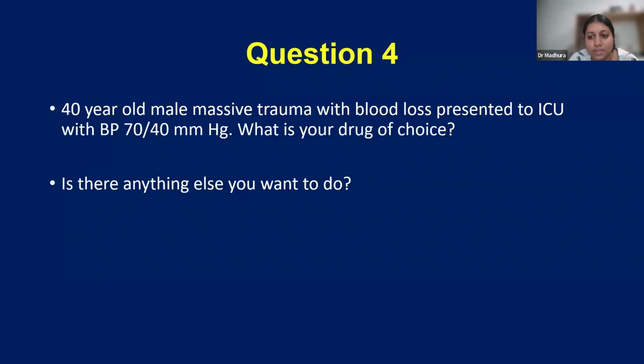Someone has answered as bolus. Blood products, right? What we discussed. Just because the topic is vasopressors and inotropes doesn't mean that you will only choose between vasopressors and inotropes. When it's a hemorrhagic shock, you have to give blood. Fluid you can give up to 1 liter of crystalloids, but after that you have to meanwhile arrange the blood.